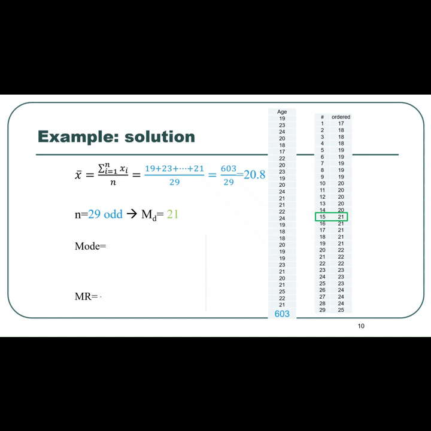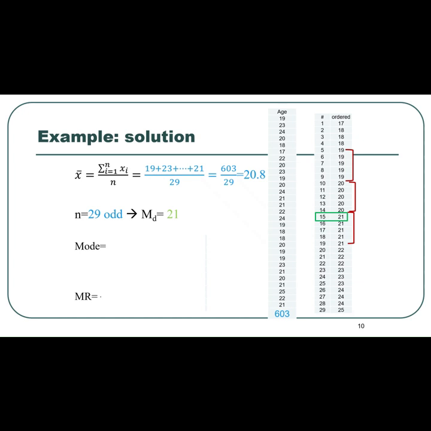For the mode, we need to see which observation has the highest frequency or did appear the most. Here 17 appeared once, 18 appeared 3 times, 19 appeared 5 times, 20 appeared as well 5 times, so we do have 19 and 20 as the highest until now. 21 appeared 5 times, and 22 appeared less than that, 23 less than that.